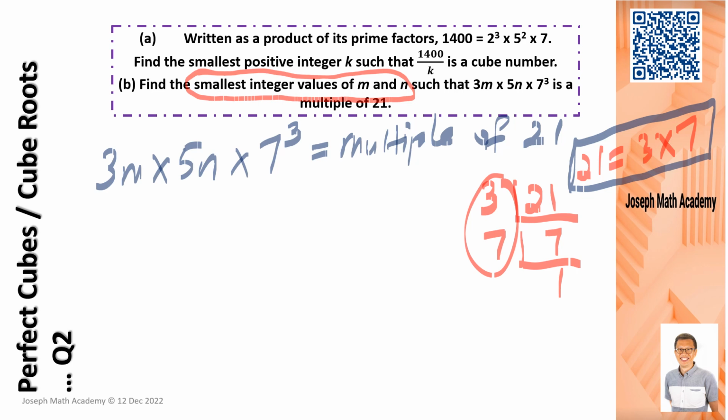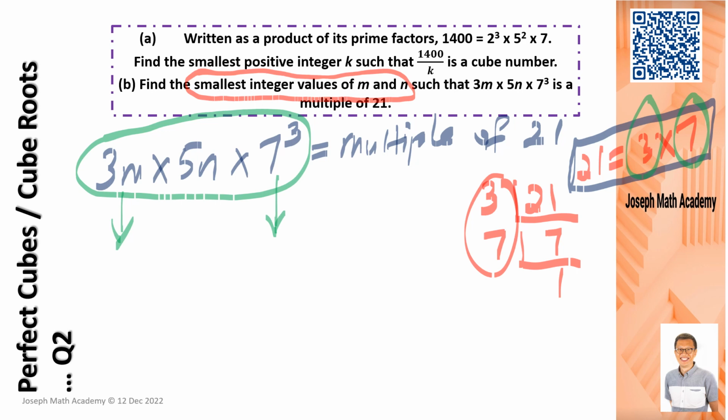That means this expression, 3^m times 5^n times 7 cubed, should contain 21 in it. And 21 is equal to 3 times 7. We have a 3 here, we have a 7 here. We only need one 3, we only need one 7.